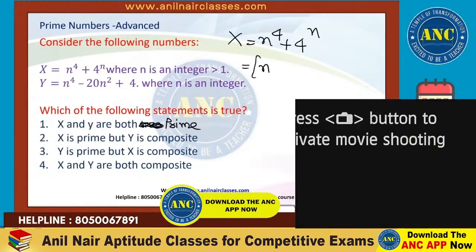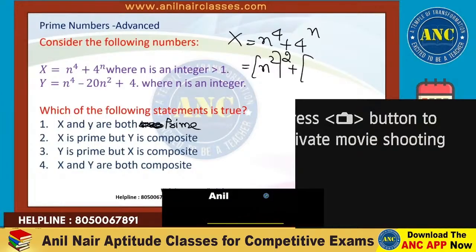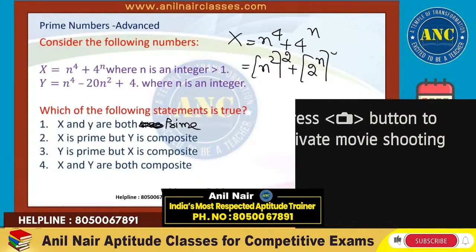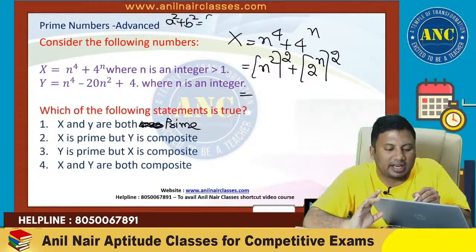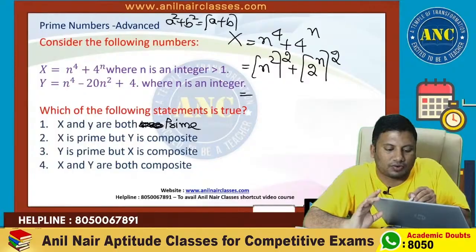These are nothing but (n²)² plus (2^n)². I hope it is clear. A square plus b square, we can take it as (a plus b) whole square minus 2ab. Are you all with me?